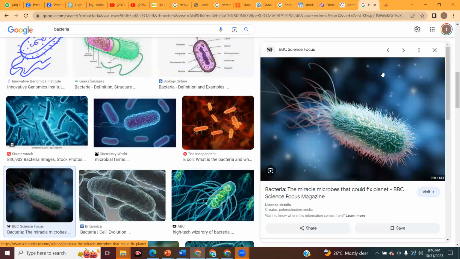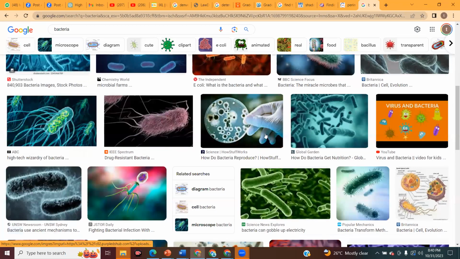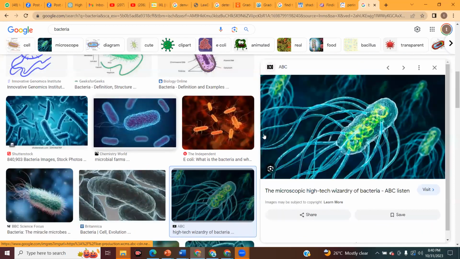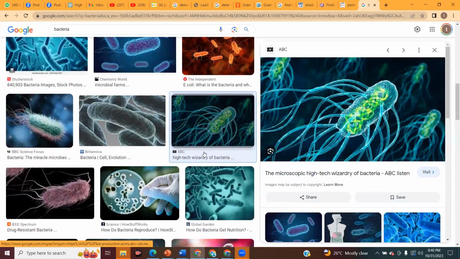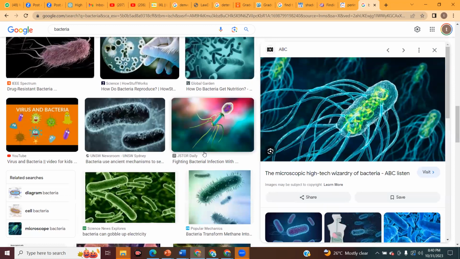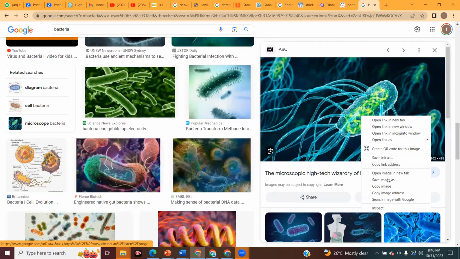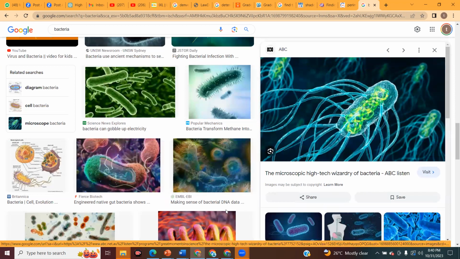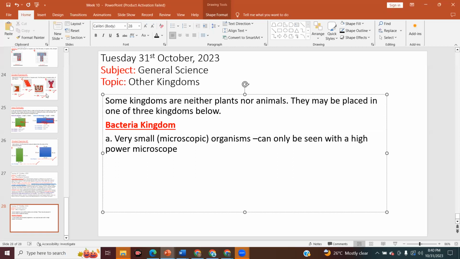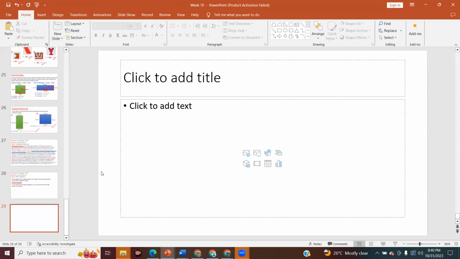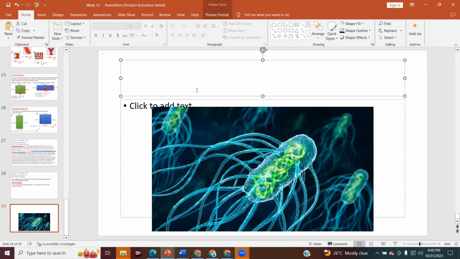Some of them even look scary. Bacteria look kind of weird, the way they look, but they are bacteria. Let me just put the image here.